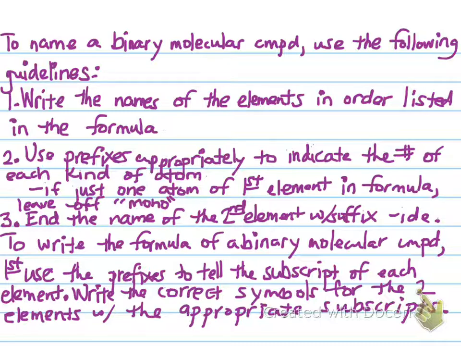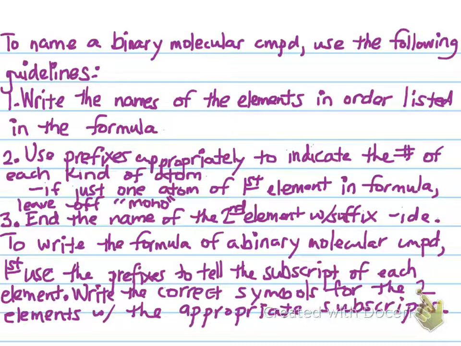So again, if we're naming a binary molecular compound given the formula, we're going to write the names of the elements in the order they're listed in the formula. We're going to put prefixes on each of the elements to indicate the number of each kind of atom. If there's only one of the first atom, we can leave off the mono, and we're going to end the second element in "ide."